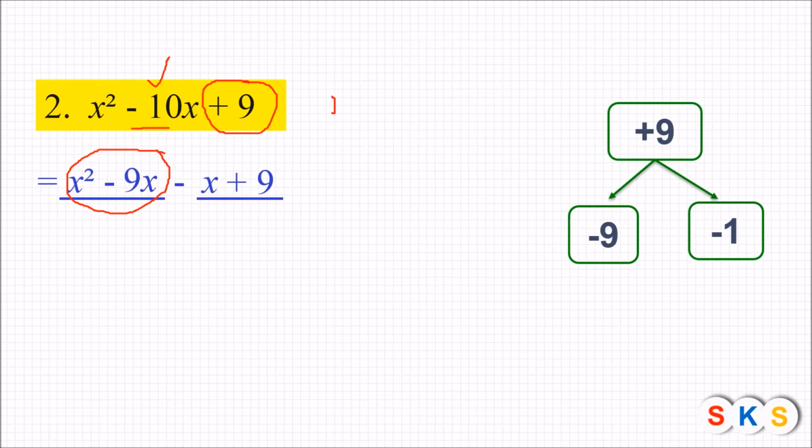So what is common in these two terms? Common is x. If I take x as common, what will be left? x minus 9, correct?